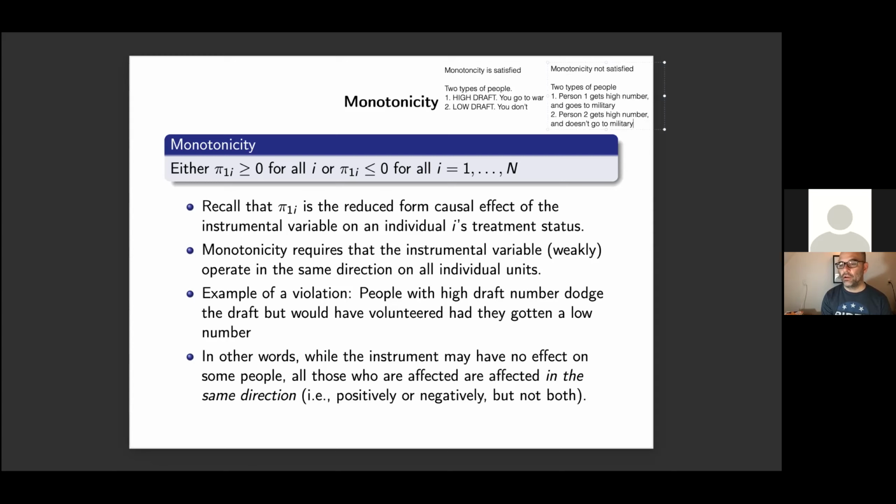Okay, so let me do it, let me actually need the whiteboard. Okay, so let's build this out a little bit more. Okay, monotonicity not satisfied.